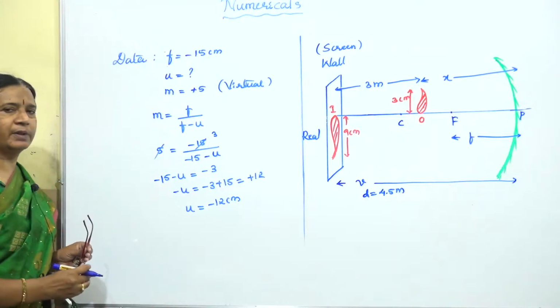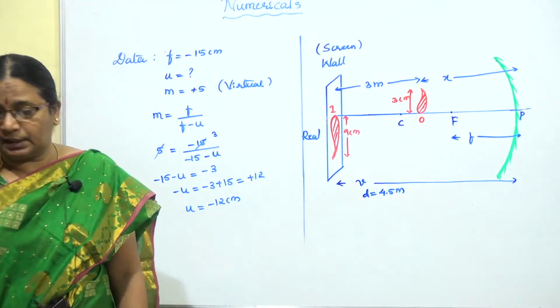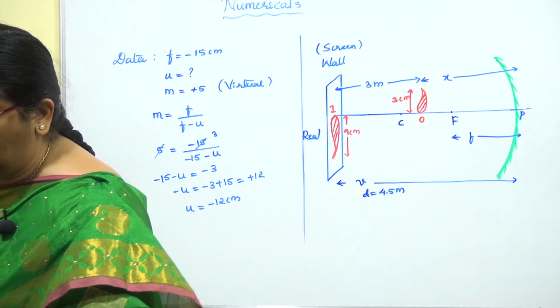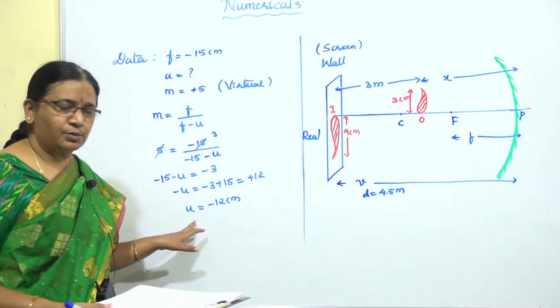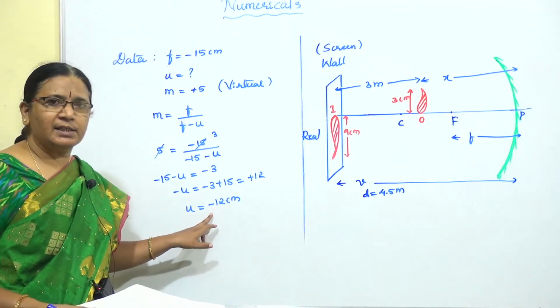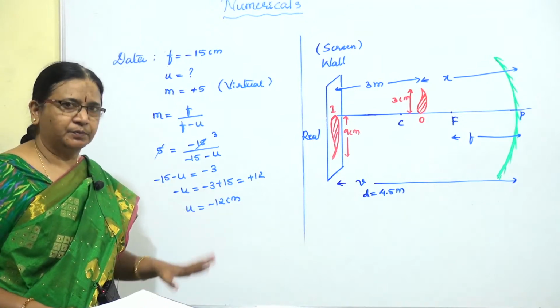Okay, hope everyone is clear. Okay. So we got minus 12 centimeter. Well, the answer may be given as 12 centimeter. Understood? Okay, but it should be minus 12 centimeter, because the object is always in front of the mirror. Okay.